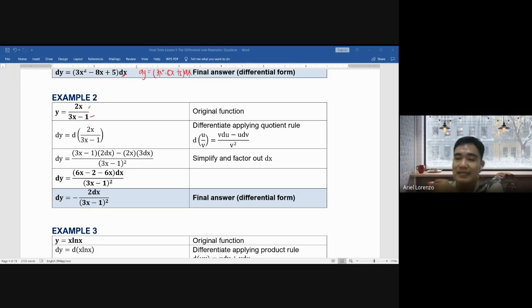So what are these transcendental functions? We have yung trigo functions, inverse trigo functions, yung exponential and logarithmic functions. Yun yung most na ide-derive na linagay namin sa final exam.